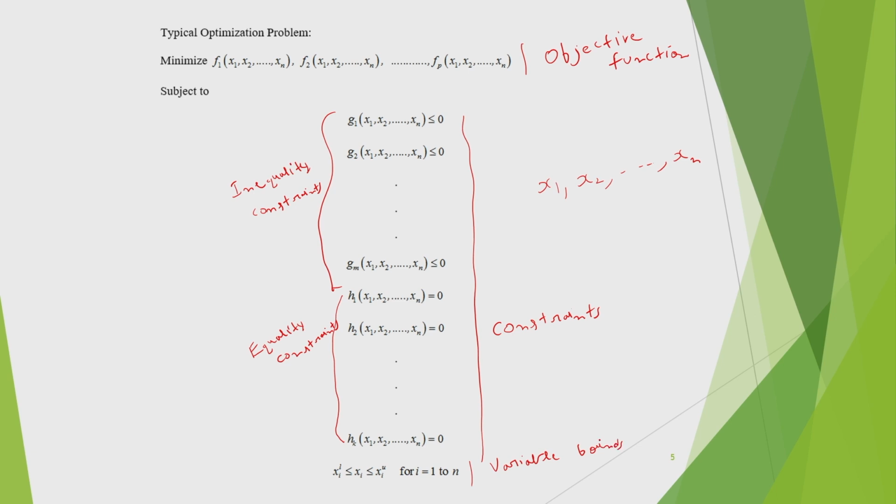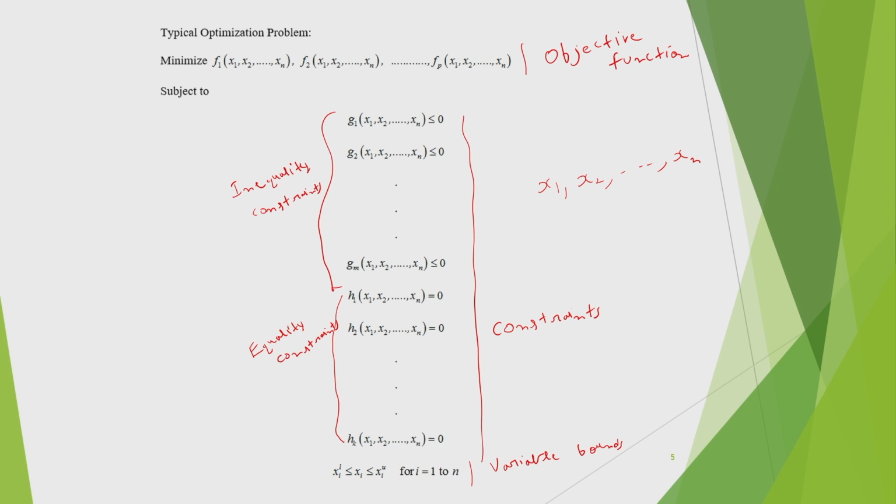So they are boundaries, okay. xi is less than or equal to xi upper bound, and xi is greater than or equal to the lower bound, for i from 1 to n. So any problem you have to write in this type of form.